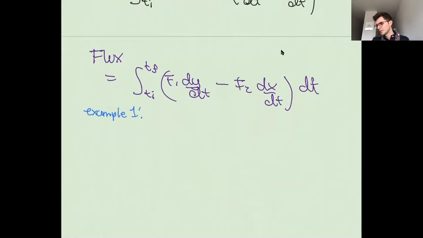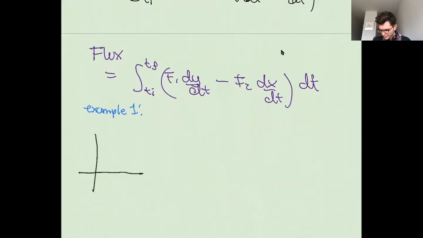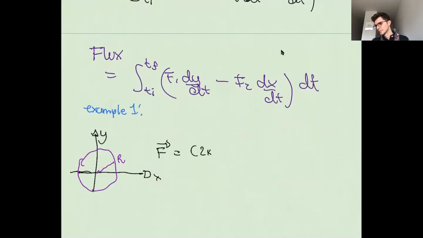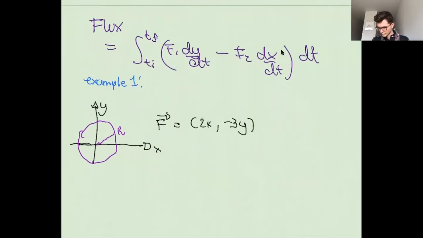But imagine that you take a unit circle of radius r, and the vector field to be 2x minus 3y. Okay, so what is the flux here?